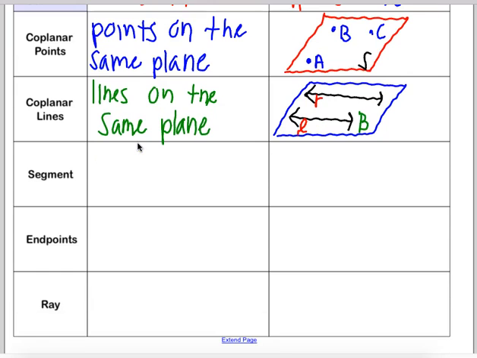A segment is just a part of a line. So it's a part of the line that has two endpoints.